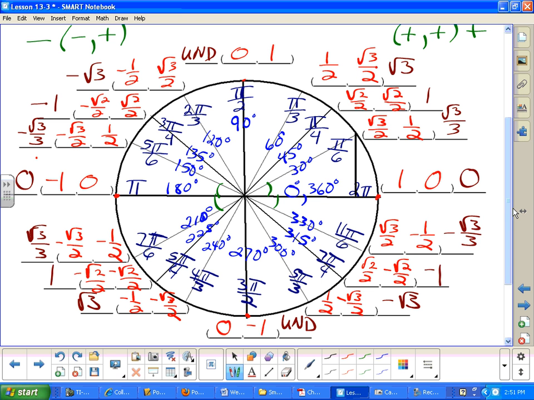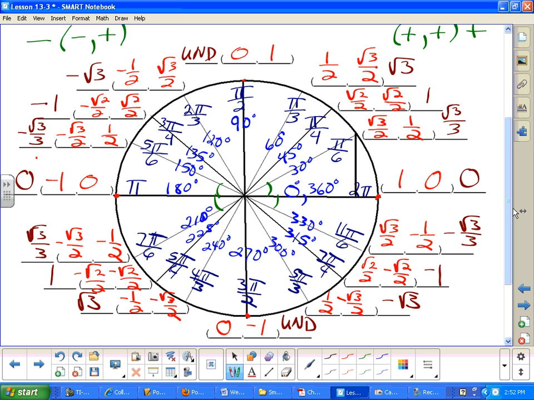With the coordinates, if you can memorize the first quadrant, then everything else from there is just reflections, making sure you have the right sign of positive or negative. And you can do all those if you know the right triangles also, because everything can be done from the right triangles, the 30, 60, 90, and 45, 45, 90.